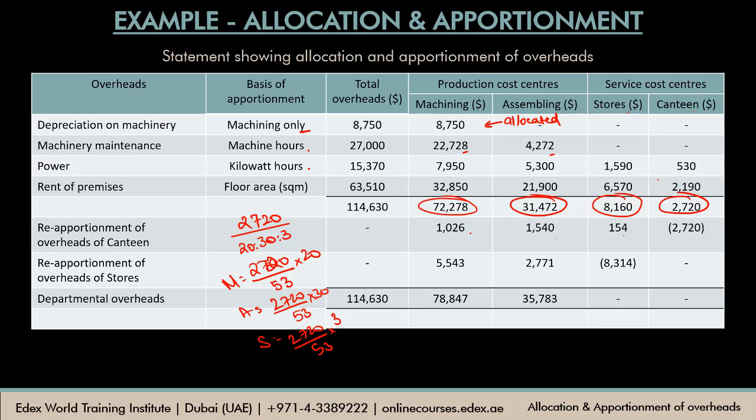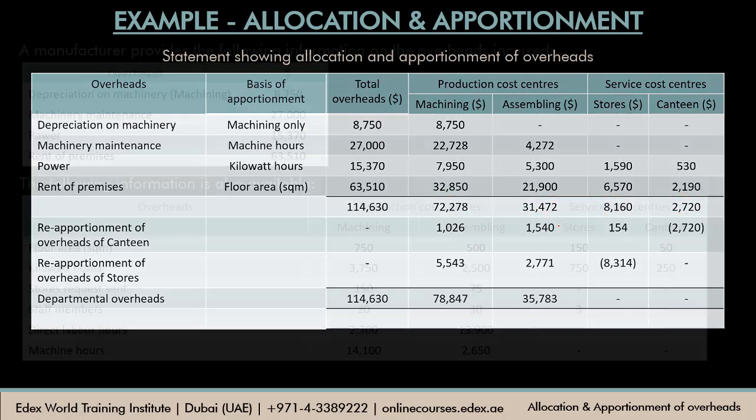Next, if you see the stores service cost center, 8,160 was there earlier, and an additional 154 has been added from the canteen. So the total cost under stores now is 8160 plus 154, which is 8314. This 8314 will have to be distributed between machining and assembly. On what basis?